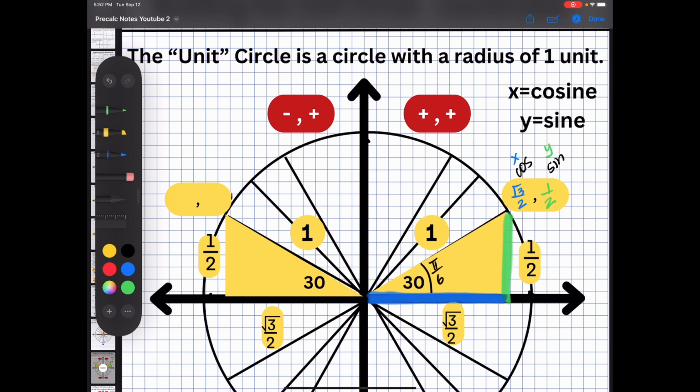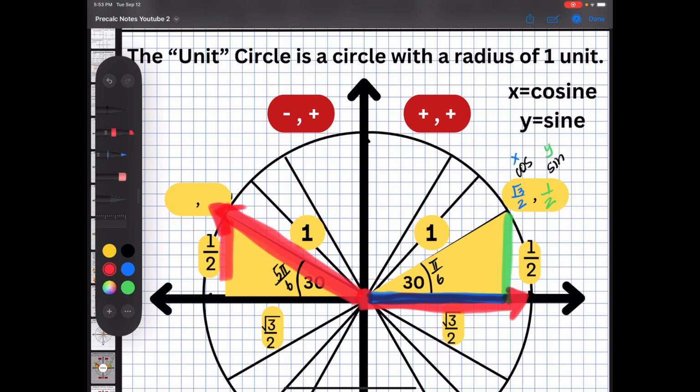Now, another example of an angle that would use 30 degrees as a reference triangle would be the angle of 5 pi over 6. Okay, so at 5 pi over 6, if I were to graph this, let's say this is my angle of 5 pi over 6. Here's my initial side, and here's the terminal side, right?